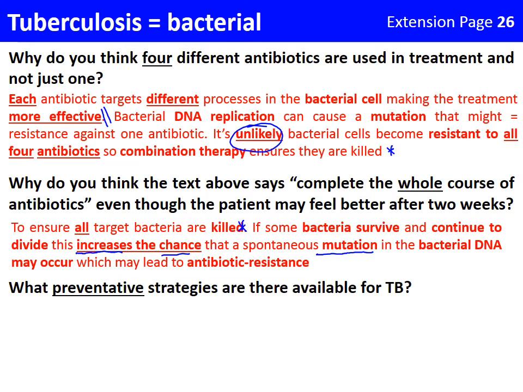And if these spontaneous mutations occur in the alleles that give rise to a certain protein, if that protein has a slightly altered shape, but it can still perform its function, then the antibiotic might not be able to affect that particular bacterial protein, and therefore the bacteria might be resistant to the effect of the antibiotic. So we need to kill all the target bacteria, because if they're allowed to continue to divide, it increases the chances that some sort of spontaneous mutation might occur to make these bacteria antibiotic resistant.